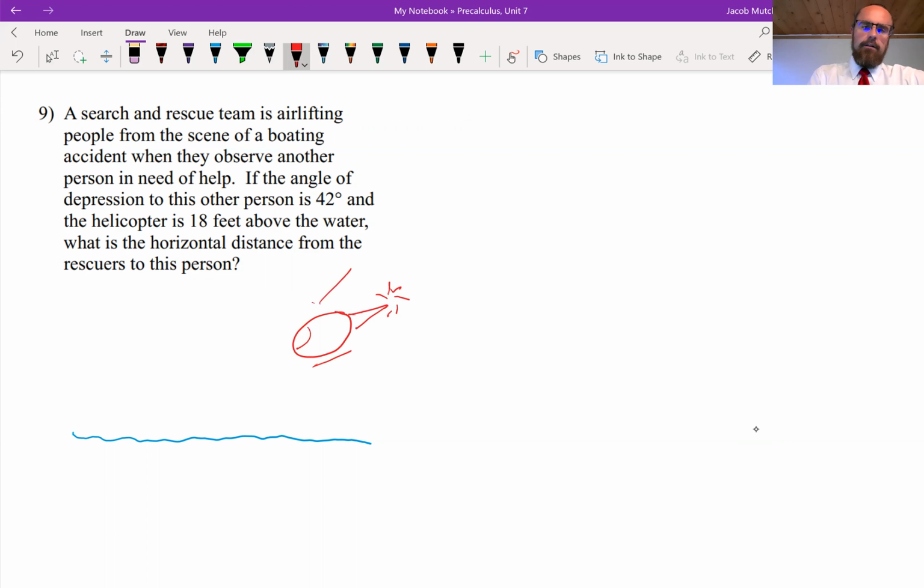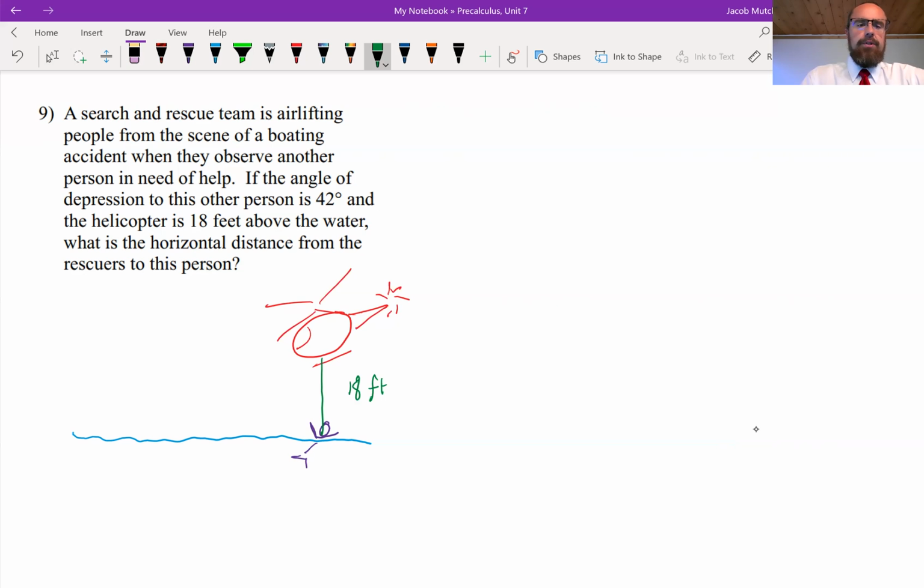They are currently trying to rescue an individual in the water, so we'll place our first person there in the water. The dimension that we know is that this helicopter is vertically 18 feet above the water where they're trying to rescue the first person.